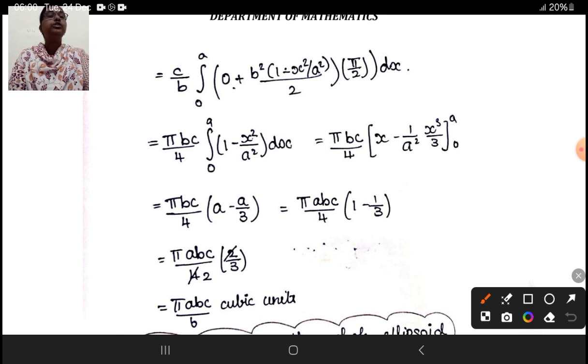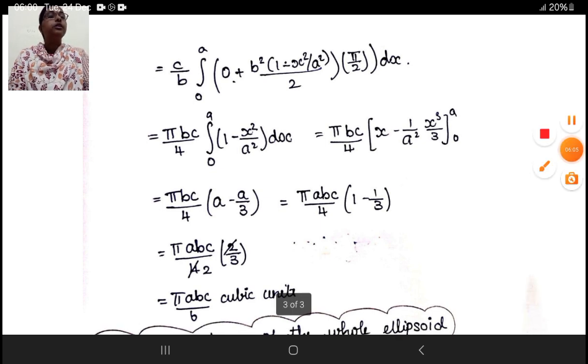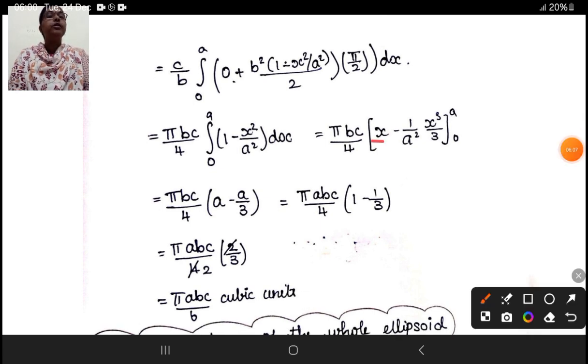Now the integration with respect to x: integrating dx gives x, and the second integration, integrating x squared, gives x cube by 3. So these two we got. Instead of x, apply the upper limit minus lower limit.